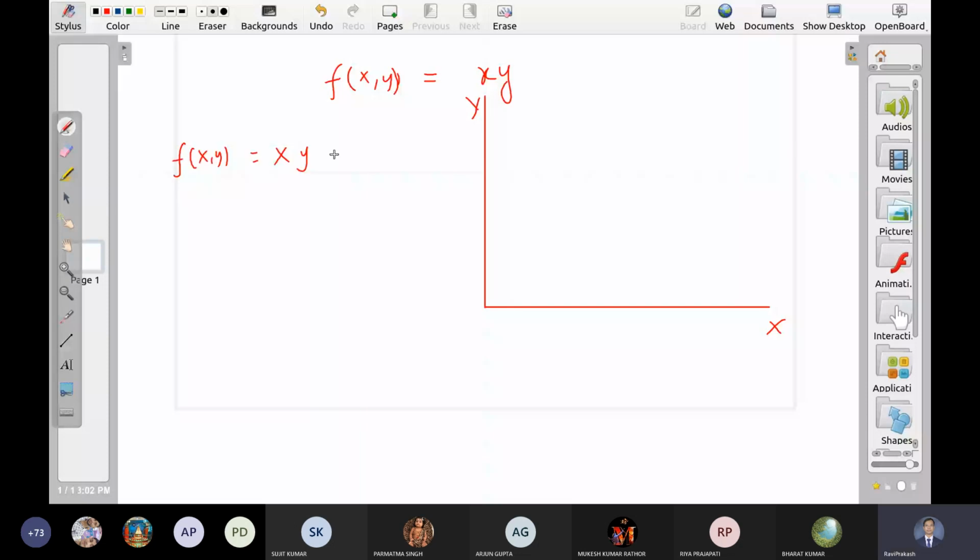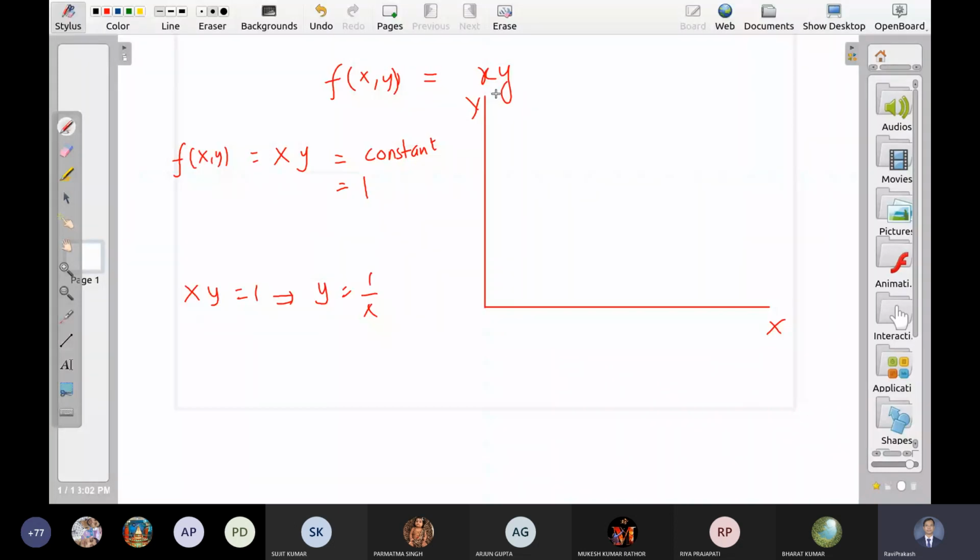Let us say this constant is 1, then what we are going to plot is xy = 1, or y = 1/x. So this should look like something like this.